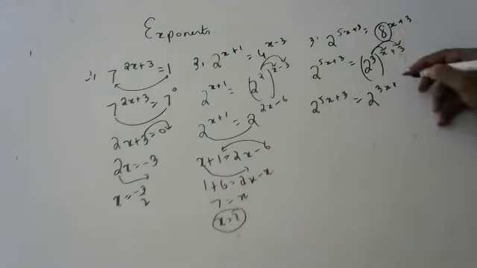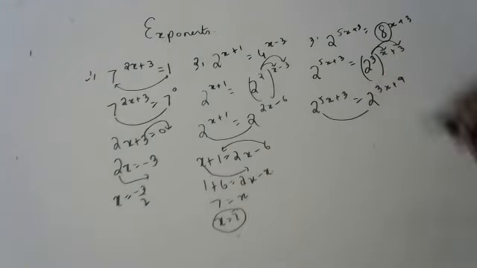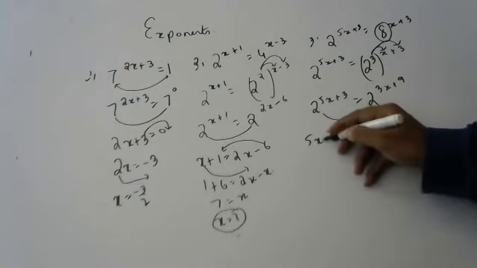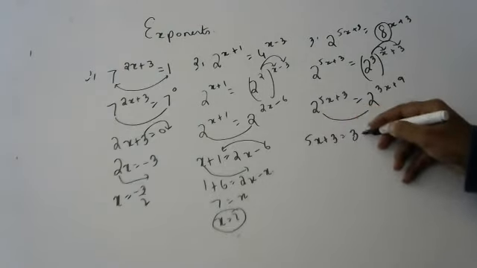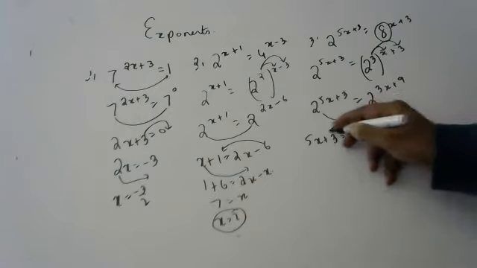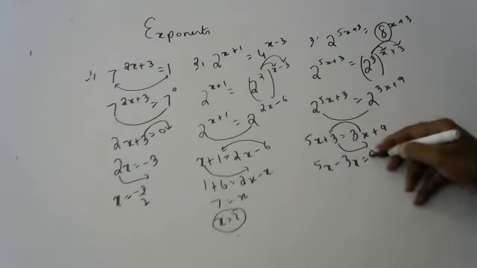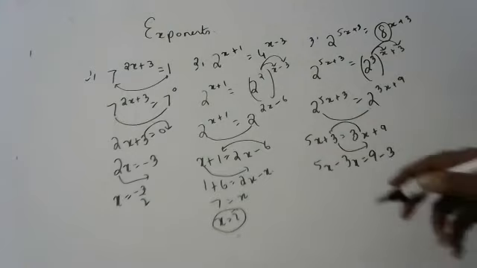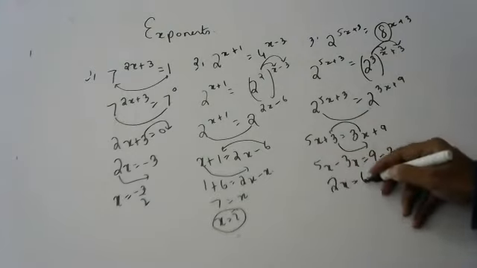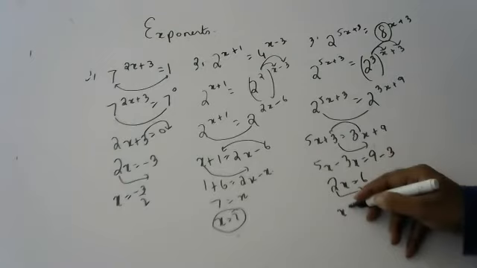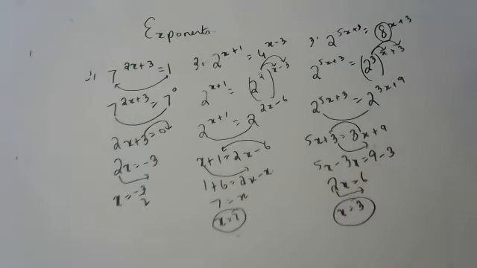Very good. Fantastic. When bases are same, powers can be compared. So 5x plus 3 equal to 3x plus 9. 3x will come here, 3 will go there. What do you get? 5x minus 3x equal to 9 minus 3, 2x equal to 6. x is equal to 3. Very good.